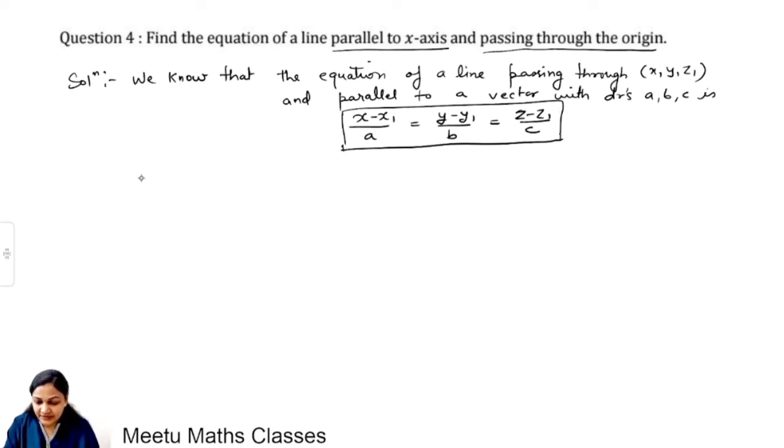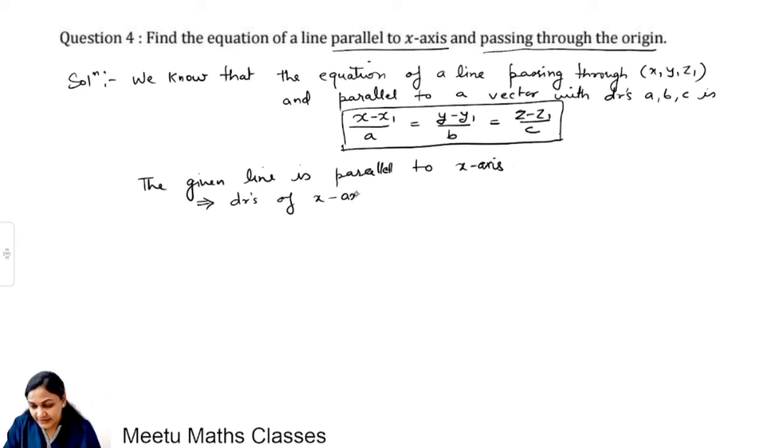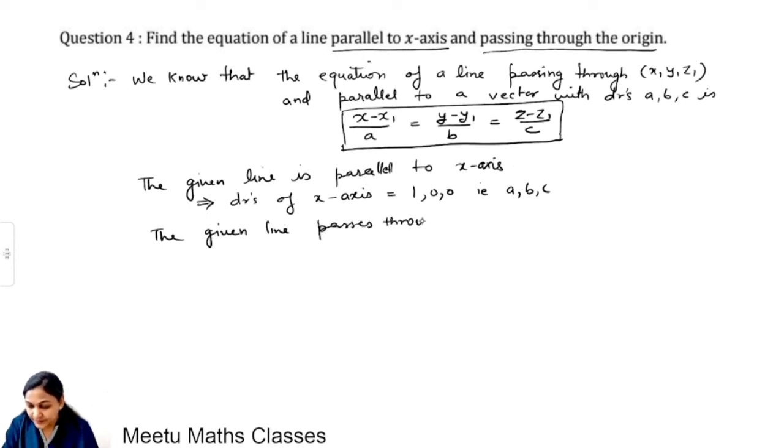Now we are given that the given line is parallel to x-axis, and that implies the direction ratios of x-axis are 1, 0, 0. So that can be considered as a, b, c. And the given line passes through the origin, so the origin can be considered as x1, y1, z1.